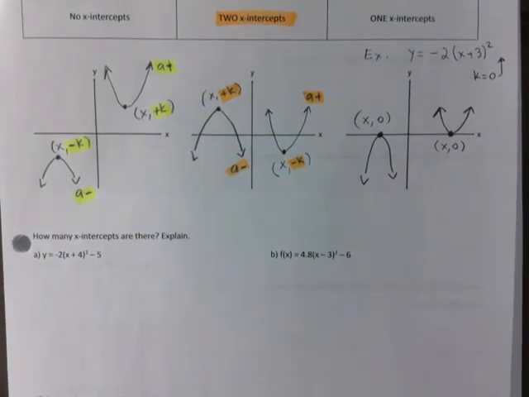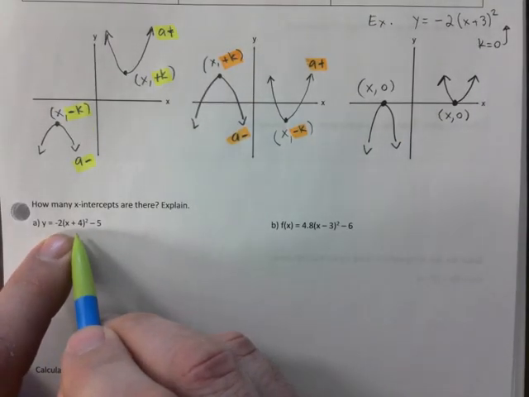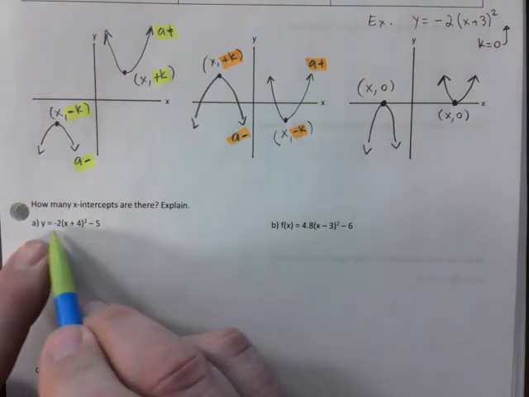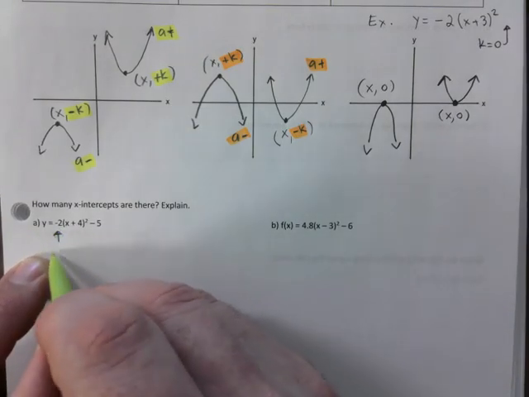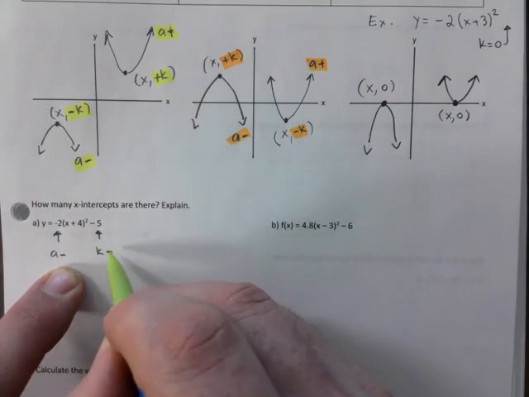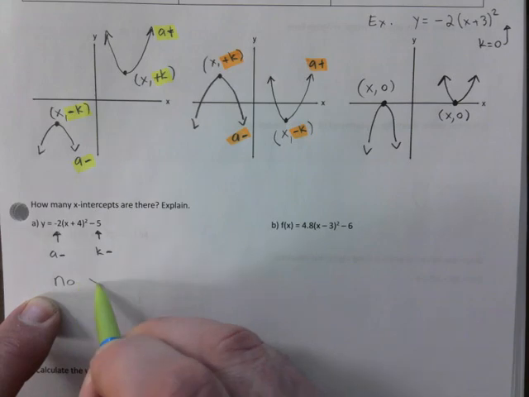So tell me, if you look at this one, you should recognize this is in vertex form. How many x-intercepts would you expect this to have? A is negative. K is negative. Who said 0? Did you say 0? None. No x-intercepts.